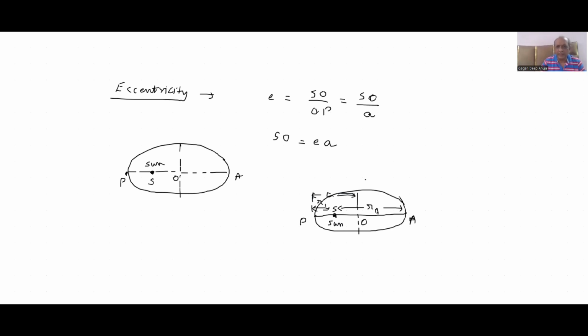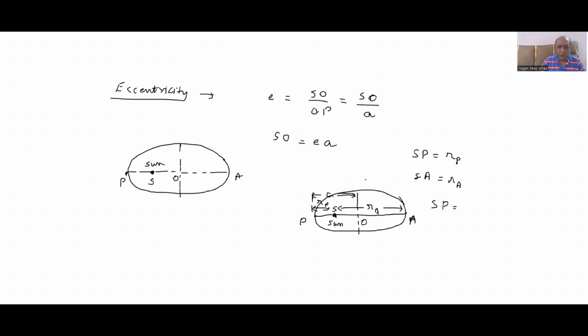So you can easily see that here SP is equal to RP, and SA is equal to RA. So we can easily conclude that this distance SP will be equal to how much?